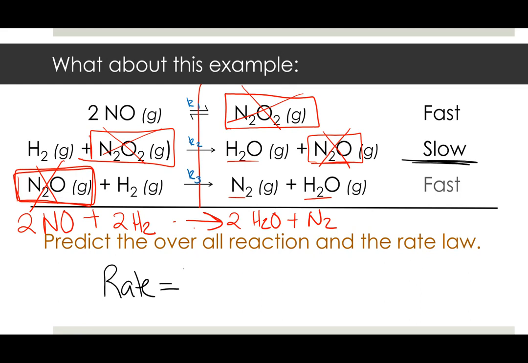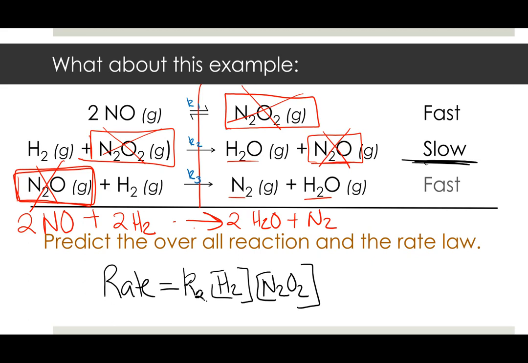So it's determined by this step. So the rate is going to be K2 times the H2 concentration times the N2O2 concentration. So that's going to be the rate law. I chose this one because that's the slow step. That's my rate determining step.